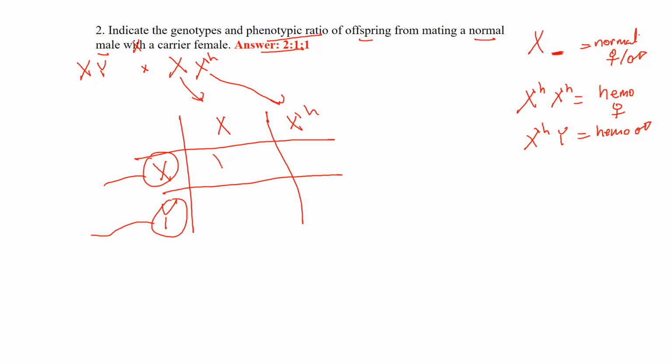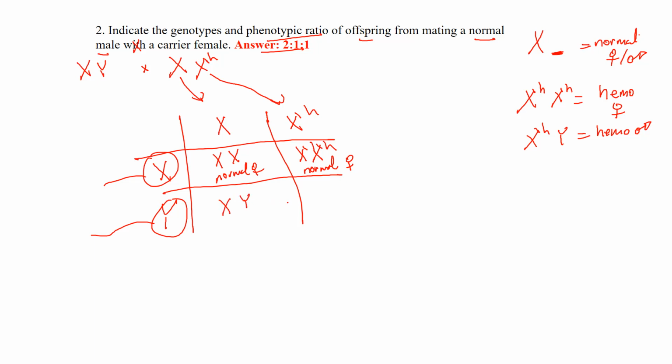So now bring them together, X and X, that's just going to be a normal female. X with an X with a little h on it is still going to be a normal female, but she will be a carrier, but she will still exhibit normal characteristics, not any of the symptoms for hemophilia.